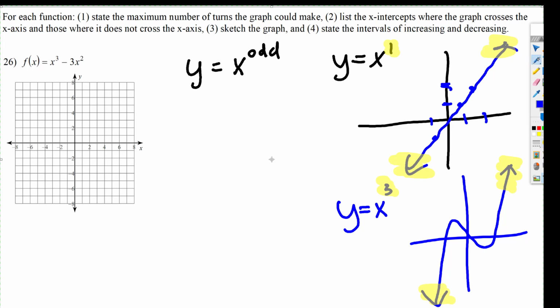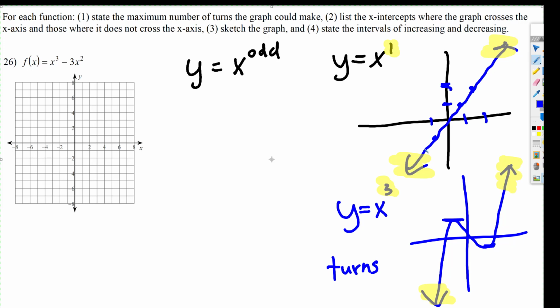The other thing you have to know: whatever this highest exponent is, if you subtract 1, that's the number of turns on the graph. So 3 subtract 1 is 2. Look what we have, 2 turns. 1 subtract 1 is 0, and notice that straight line has 0 turns.